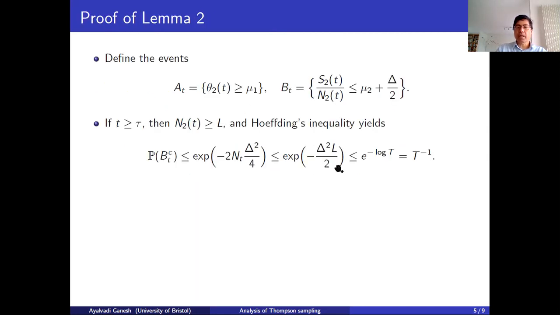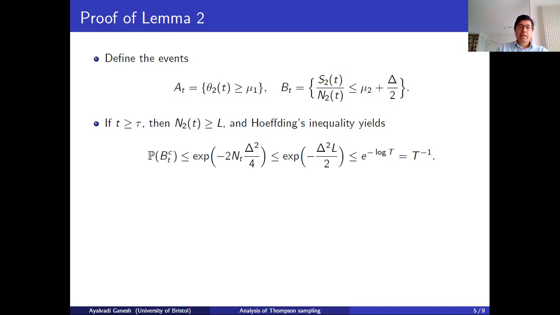So delta squared L over 2 is basically log t. And e to the minus log t: e to the log t is t, so e to the minus log t is 1 over t. So that's our bound on the probability of the complement of the event BT.